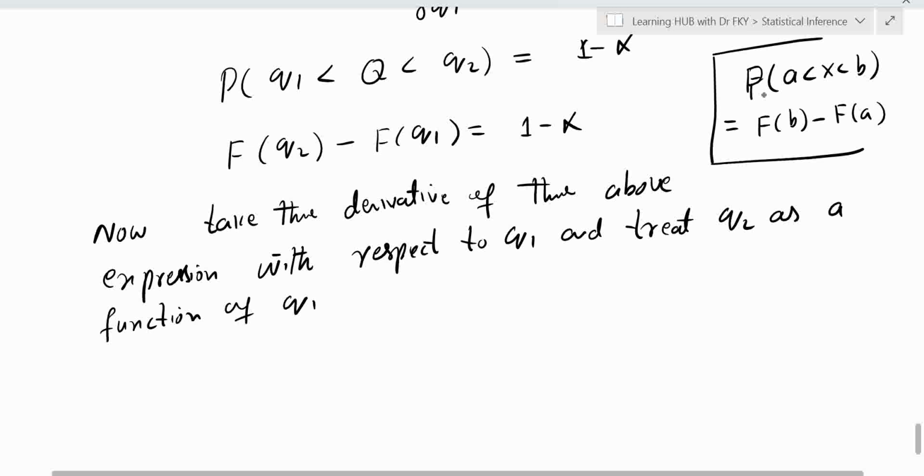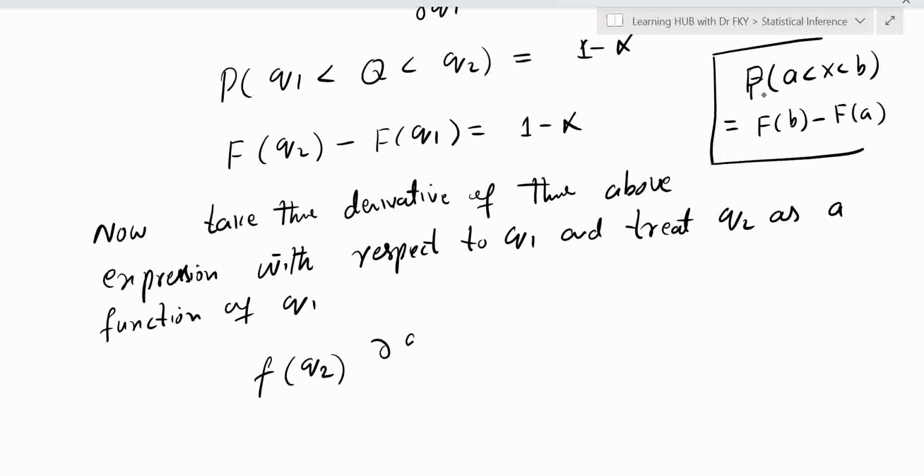Remember that cumulative distribution function is the integration of the probability density function. So when you are going in reverse, this will again become the density function of Q2, and again taking the derivative of Q2 with respect to Q1, because Q2 is a function of Q1, minus f of Q1 is equal to 0.